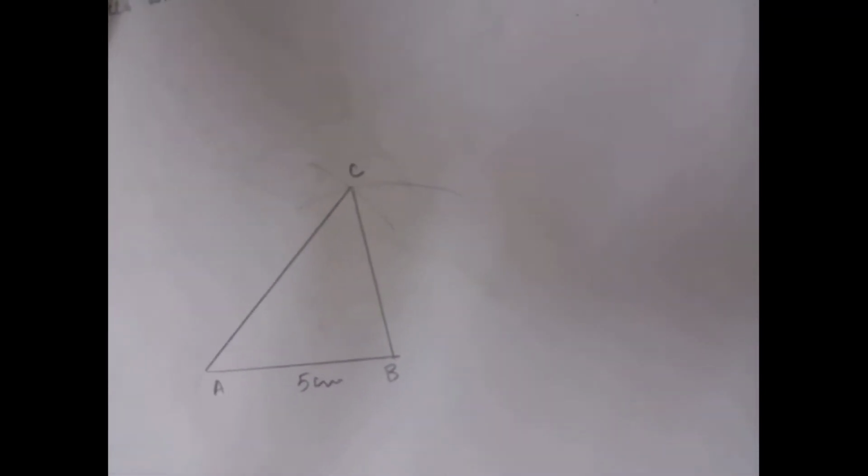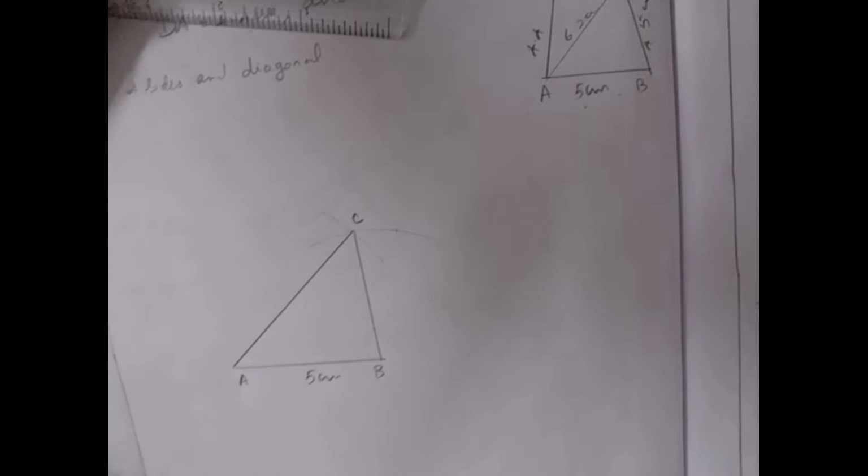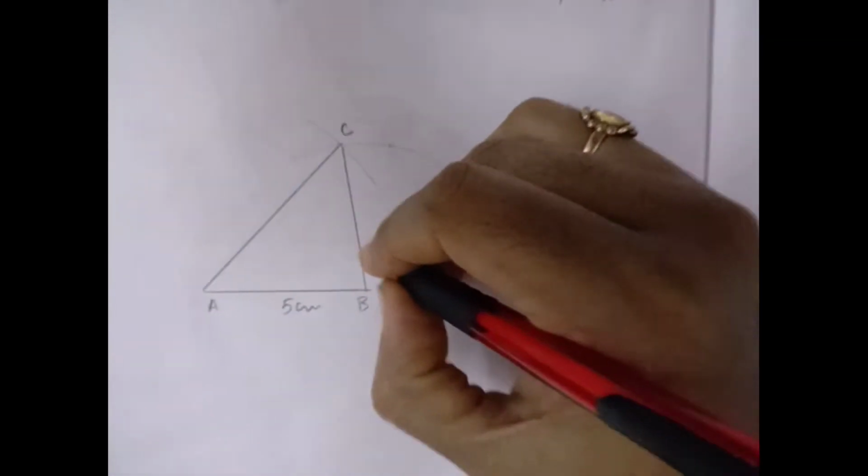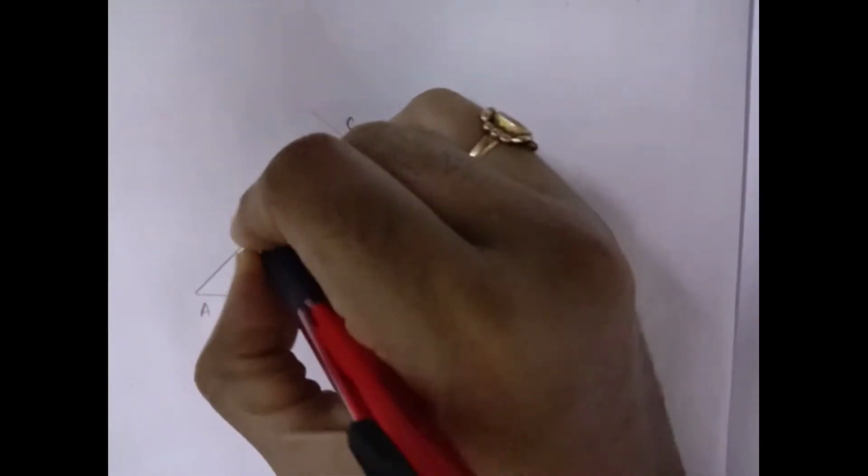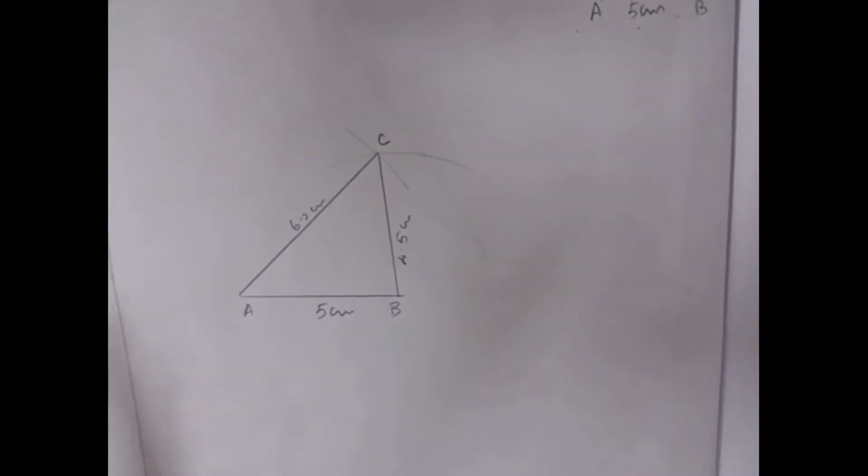With A as a center, cut an arc at C. Then join AC and BC. Then write the measurements 4.5 centimeter, 6.2 centimeter.